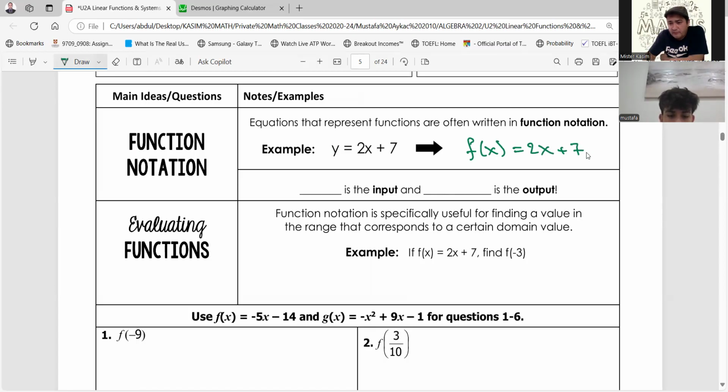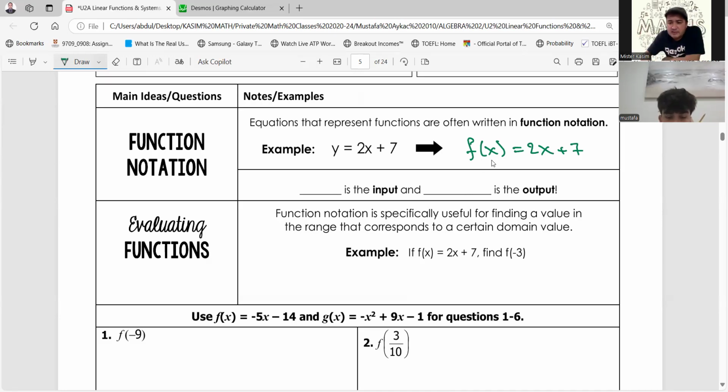And I can write the function as f, g, or h. The advantage is, number one, I can give a special name to my function. For example, if I'm talking about time, I can use t of x. If I'm talking about distance, d of x. If I'm talking about the cost of items, I can use c of x, where x is the number of items.